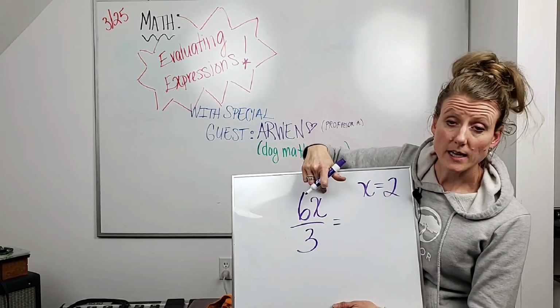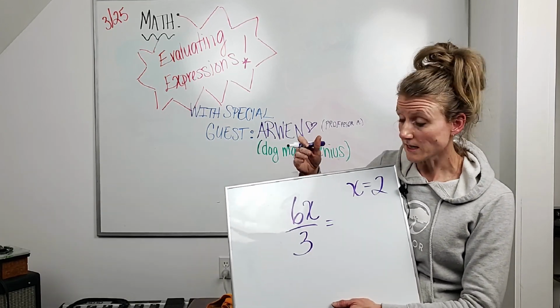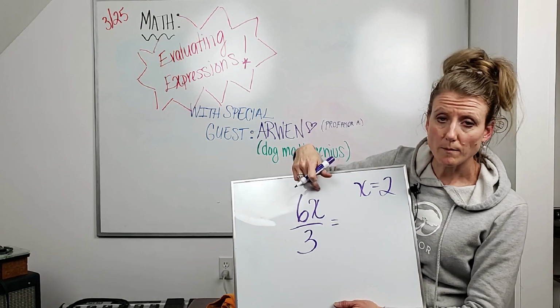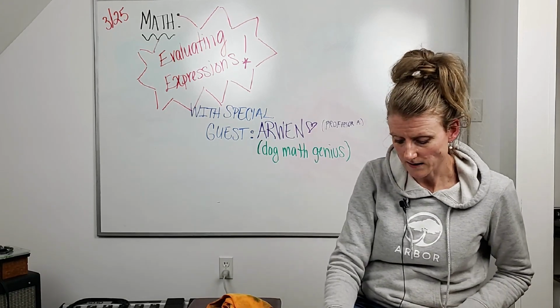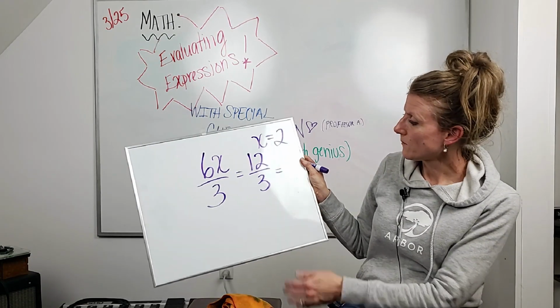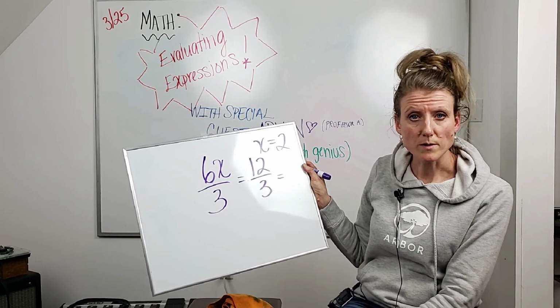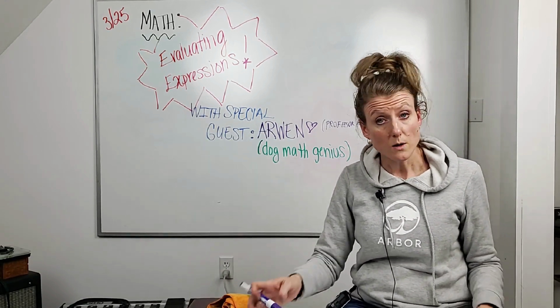So we got the multiplication on top. Again, it's not going to be 62. That's, again, the common mistake that some people are making. We want to make sure we multiply by that. So 6 times 2, which would give me a 12 on top. The 3 on the bottom. And then when I divide that out, obviously, I get the whole number 4. So if you got that, pretty easy for you, you're going to be good to go.